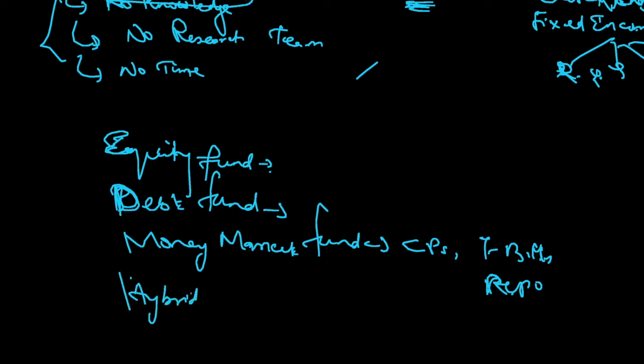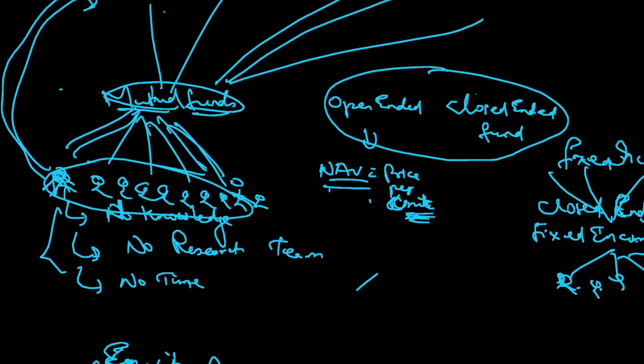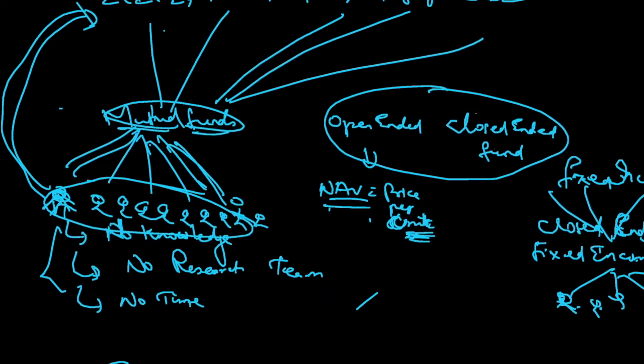Hybrid is a mixture of all this. Hybrid funds can be invested into equity funds, debt funds, money market funds, wherever. So these are some of the types of funds based on the investment style. This is the basic introduction to mutual funds.